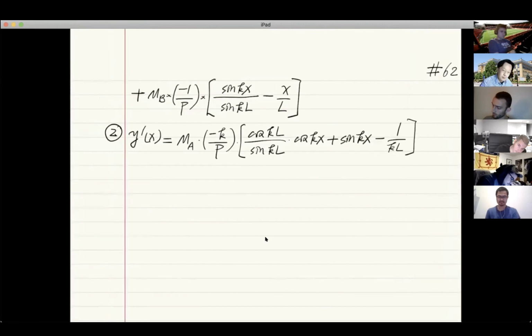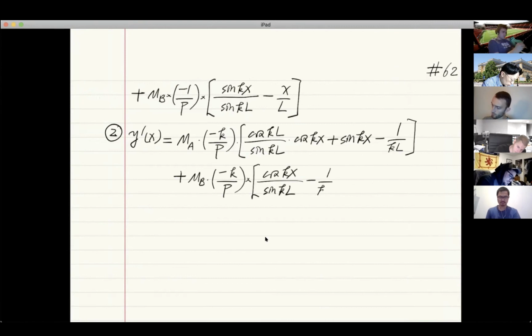So this is MA. For MB, it is plus MB times negative K over P times this whole thing, which is cosine KX over sine KL minus 1 over KL.